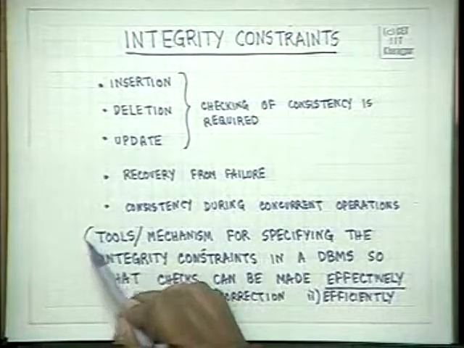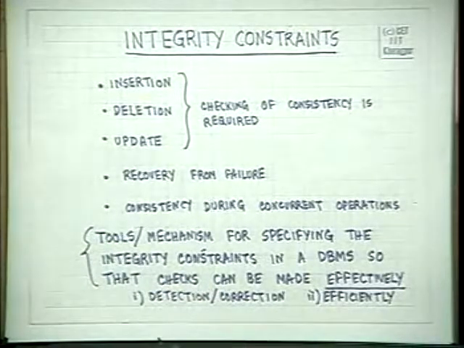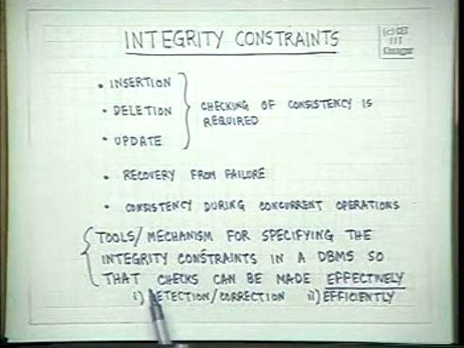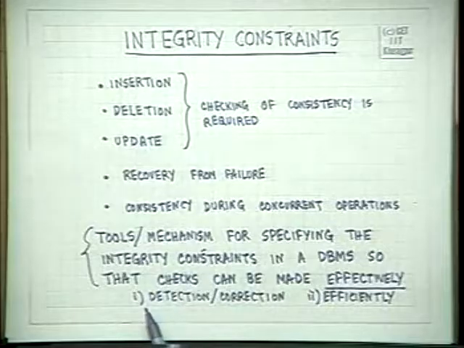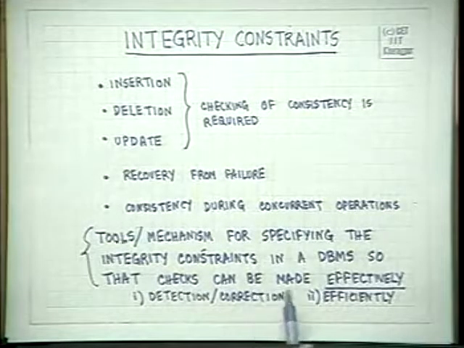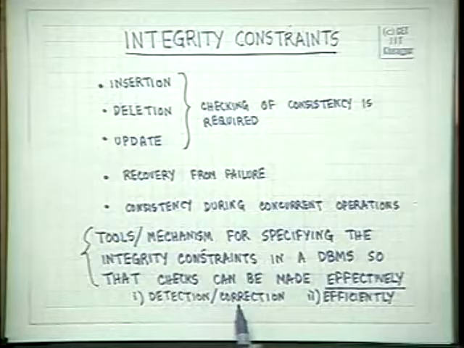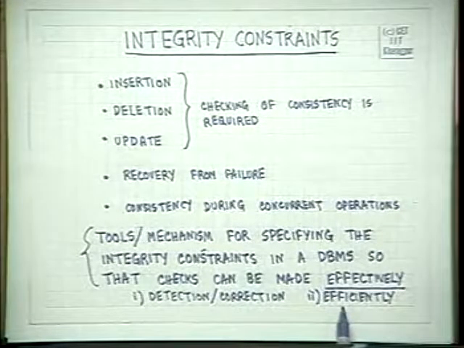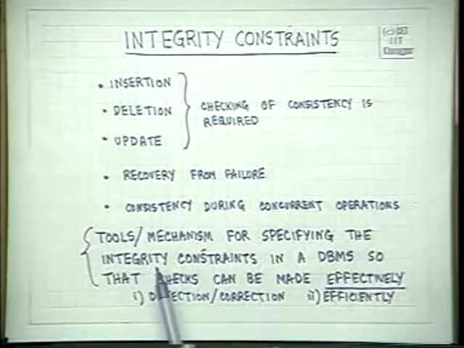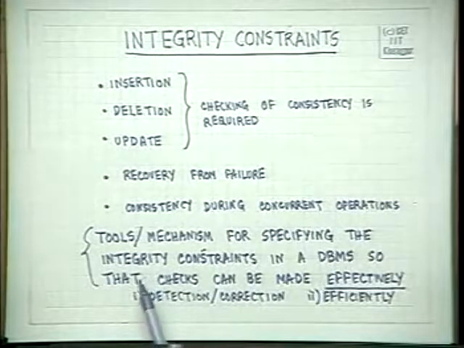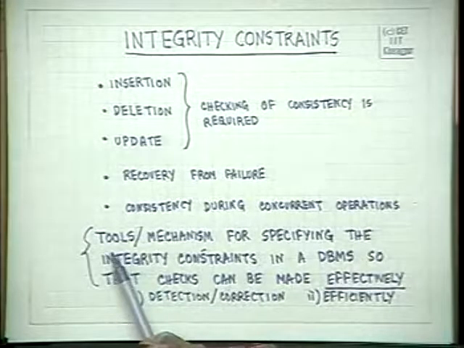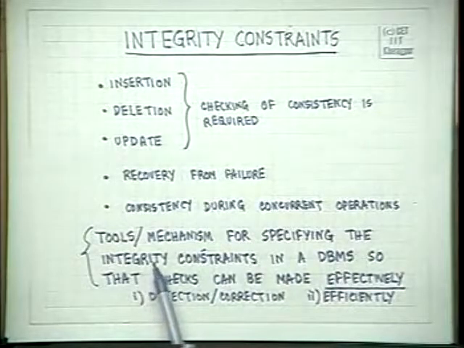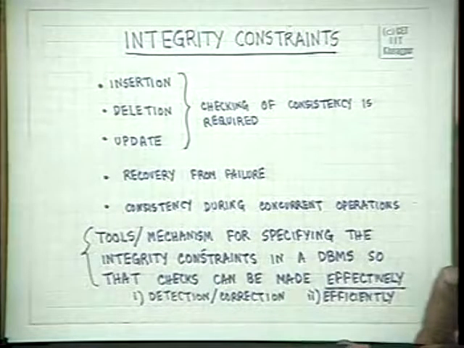So any database management scheme must have mechanisms to specify the constraints that must hold in a database system, and must be able to check this, that is, we must be able to detect or correct the error, and we must be able to do so as efficiently as possible. Therefore, the topic of today's lecture, and for the next few lectures, will be to study the formal tools that have been developed for specifying and using these integrity constraints.